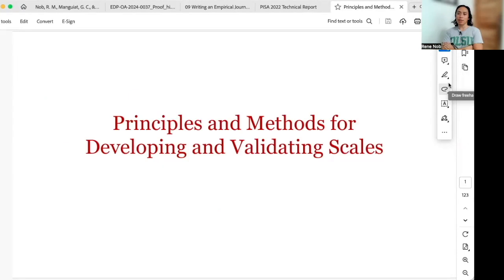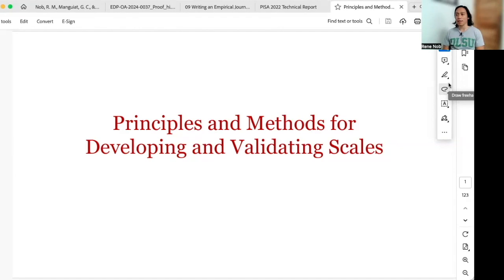When we talk about scales, these are essentially instruments that we use for research, instruments that are intended to measure particular constructs. In our discipline, we make use of scales that measure different psychological constructs. And sometimes there are situations wherein there is a need for us to develop our own set of scales.